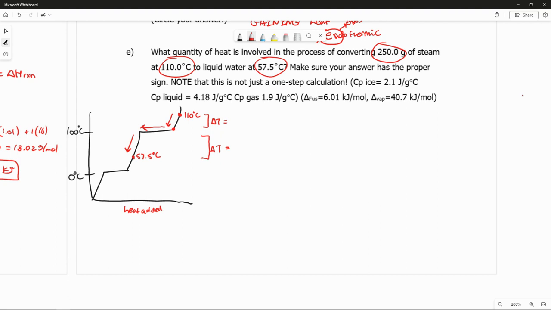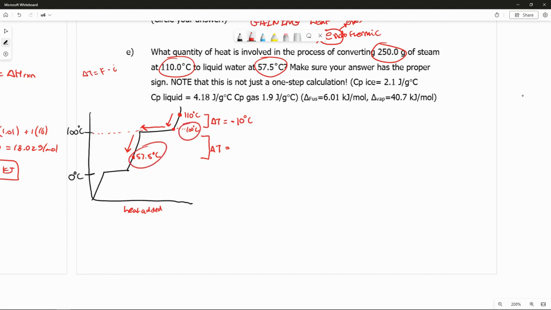Delta T is going to be final minus initial. Our final temperature is going to be 100 degrees Celsius. Our initial is going to be 110 because we're moving downwards, right? So 100 minus 110 will give you negative 10 degrees Celsius. Same logic for this one. We're going from 100 to 57.5.